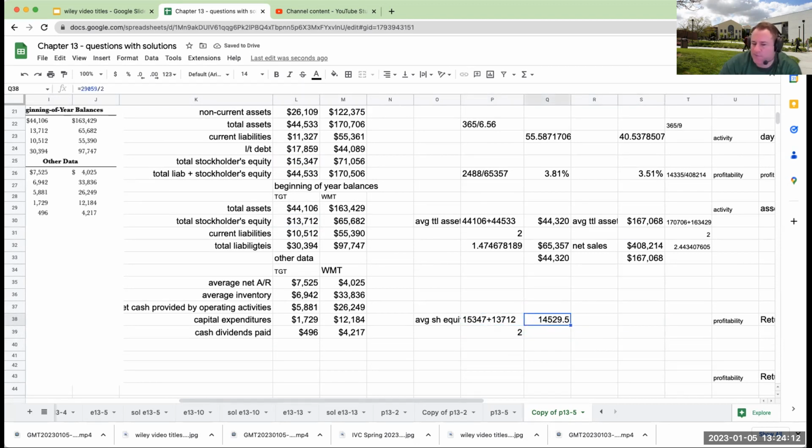Makes sense. It's the number that's in between over here. And then for Walmart, my average shareholders' equity is going to be 71,56 plus 65,682. Going to divide that result by 2.